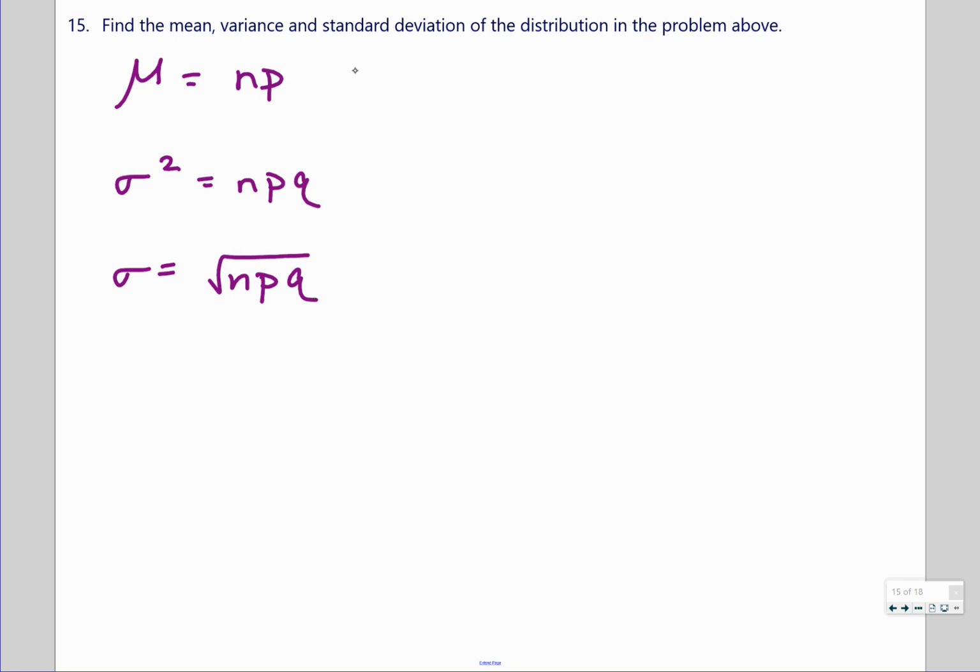And we have all the information from above, so my n was 6, my p was 0.56. And I get 3.36. Multiply that by q, and I get 1.4784. And then take the square root of that. We get 1.216.